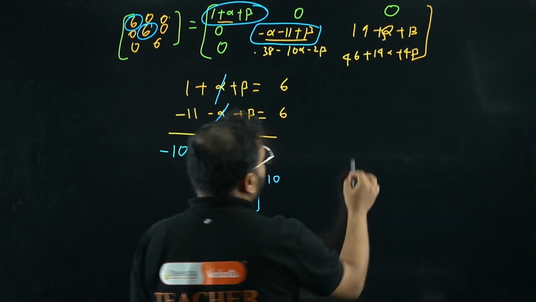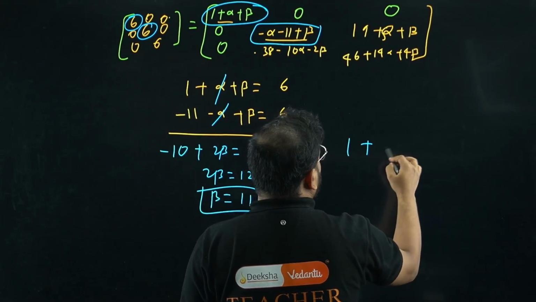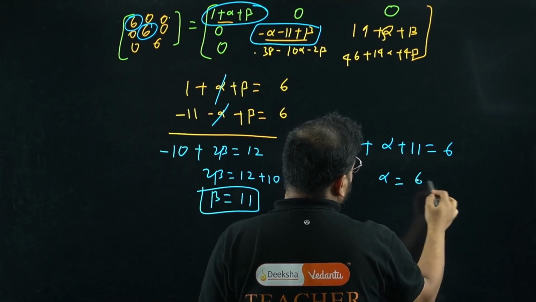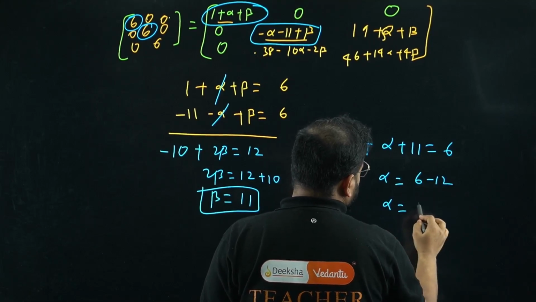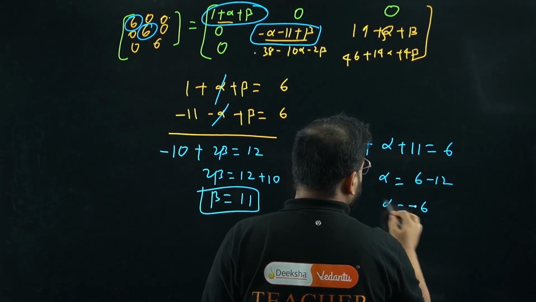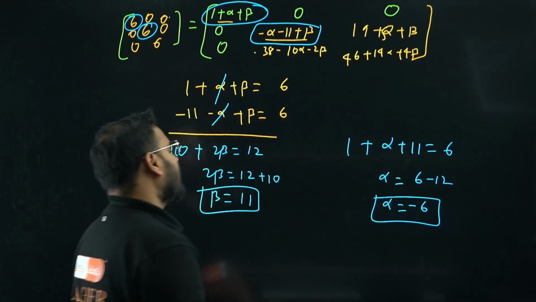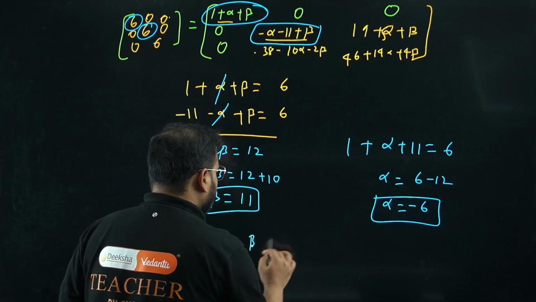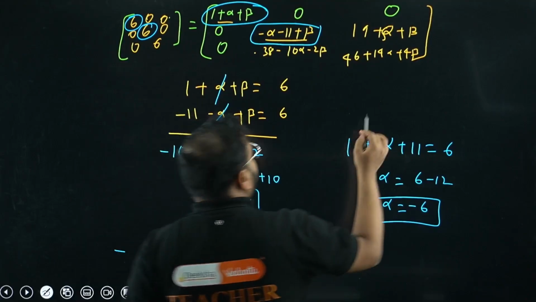Use any of them. 1 plus alpha plus 11 equals 6. So alpha is 6 minus 12. Alpha is simply minus 6. Okay. What are they asking? Beta minus 5 alpha. They are asking beta minus 5 alpha over here.